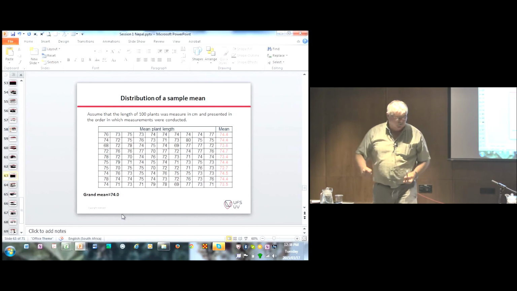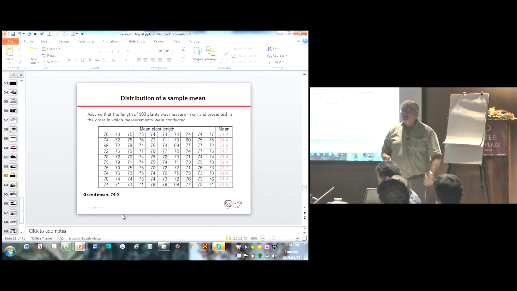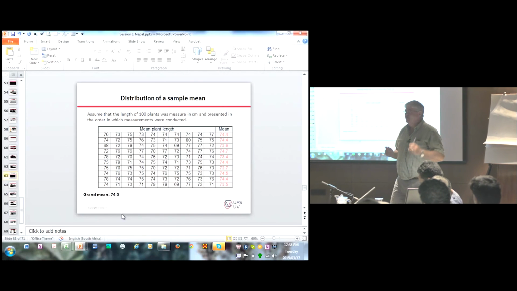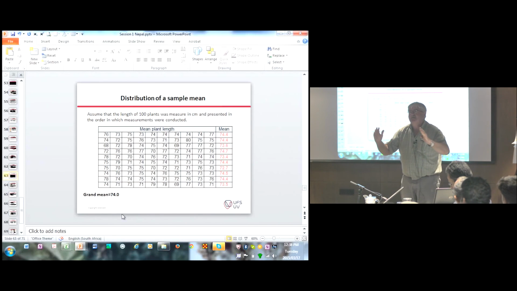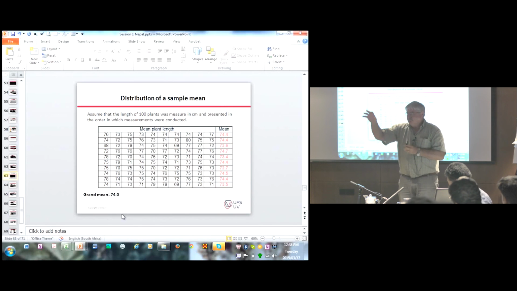Why do I do that? Very simply, to cut out some of the variation. If I can cut out a lot of the variation, I can get a more accurate prediction of the true population mean. Remember, I can't measure every plant in a field. So I take samples, and if I replicate the sampling instead of one big sample and take the average of each sample, I'm reducing variation.